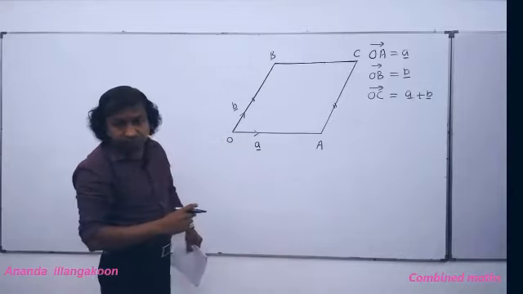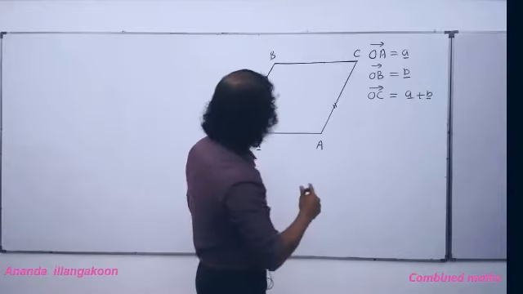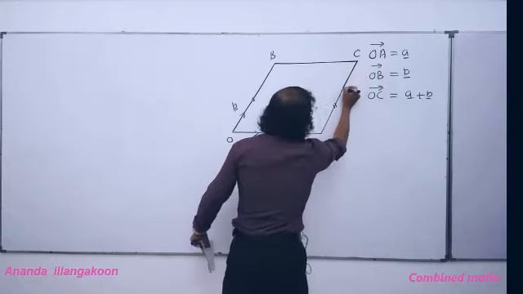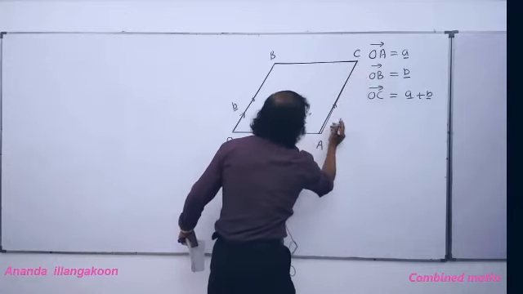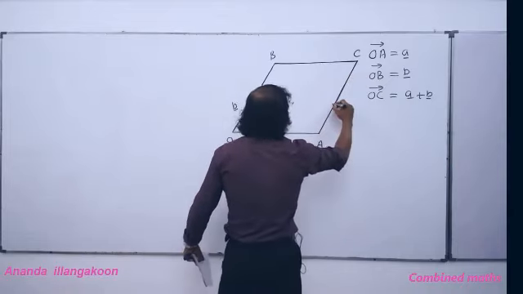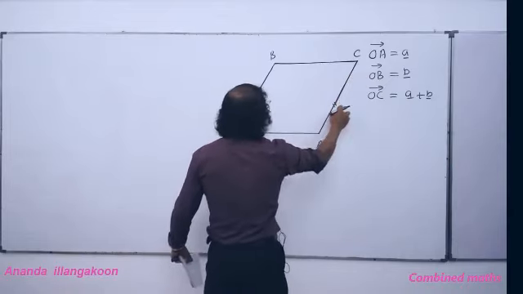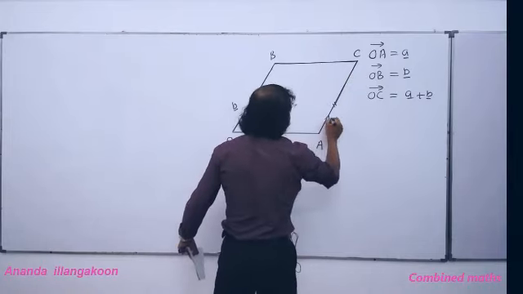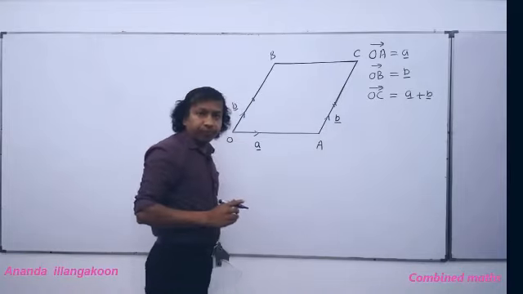These two sides are equal and they are parallel. Therefore, this OB vector is equal to AC vector. Therefore, this is b vector.